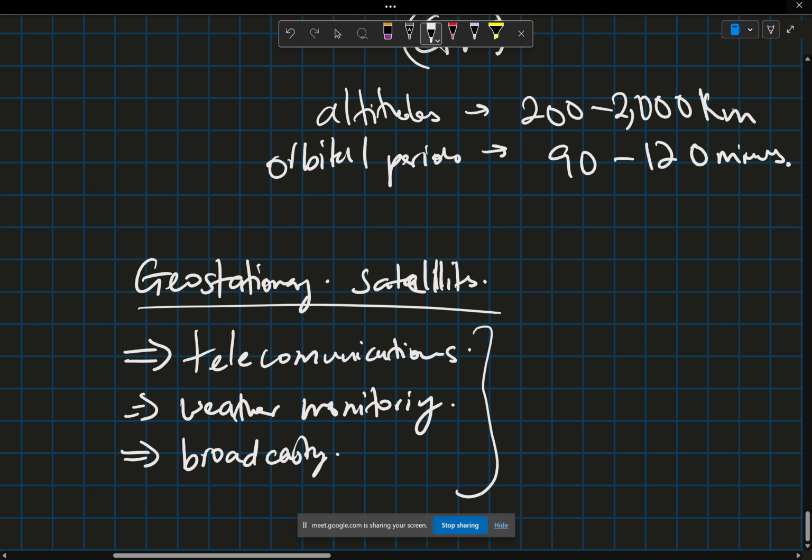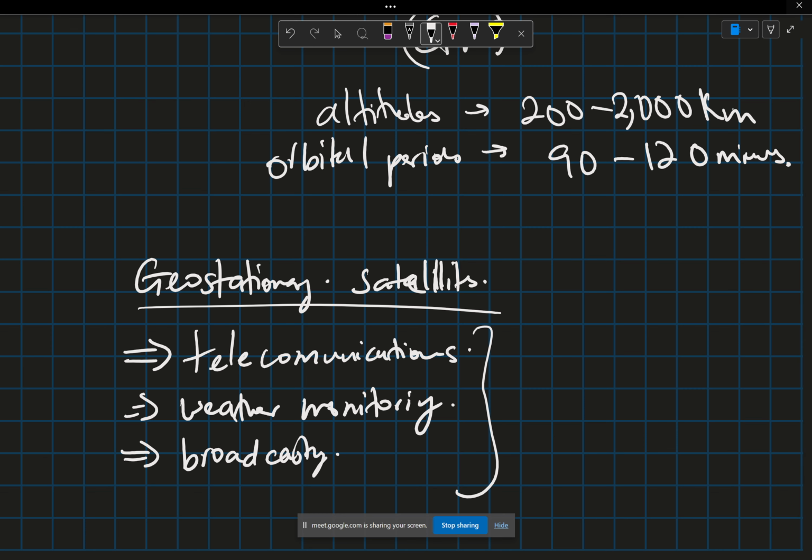So for example, our phone towers are picking up signals from satellites. That geostationary satellite is fixed over, let's say, a region like the Caribbean. Any signal coming from that satellite stays over the Caribbean perpetually, so we can use that for cell service. So communications. We can use that to monitor the weather systems in the Caribbean, which are really important as it relates to the current climate crisis.